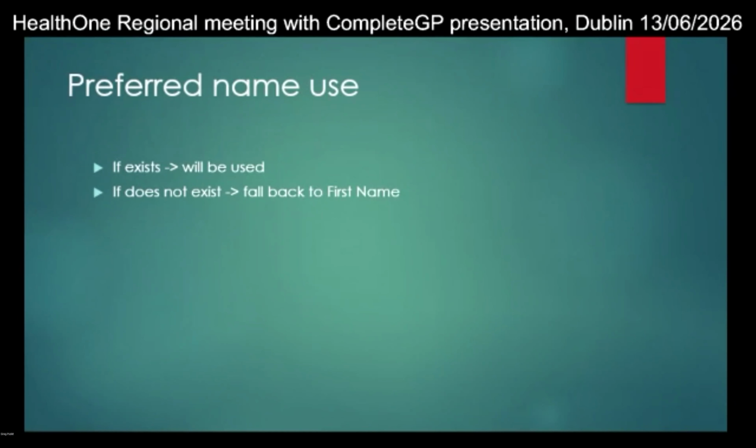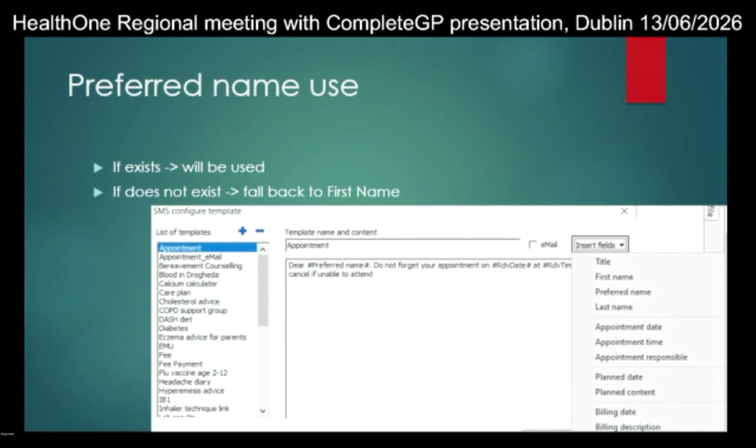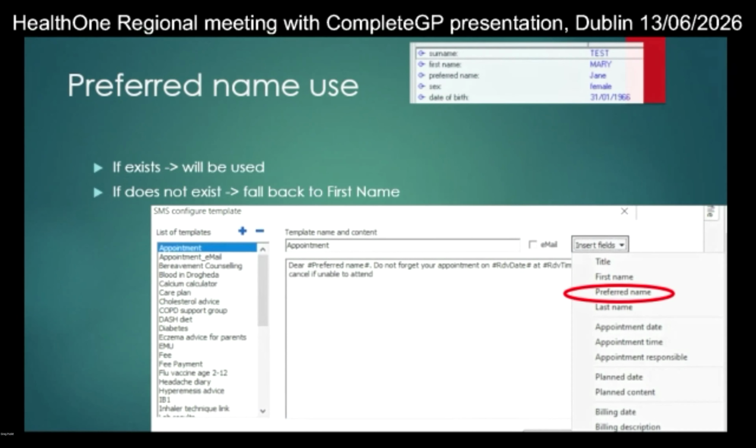If it doesn't exist, it will fall back to the first name. So here we have the preferred name. If our template looks like that, then Health One will look for this item in the admin. If this item preferred name exists, that will be used.